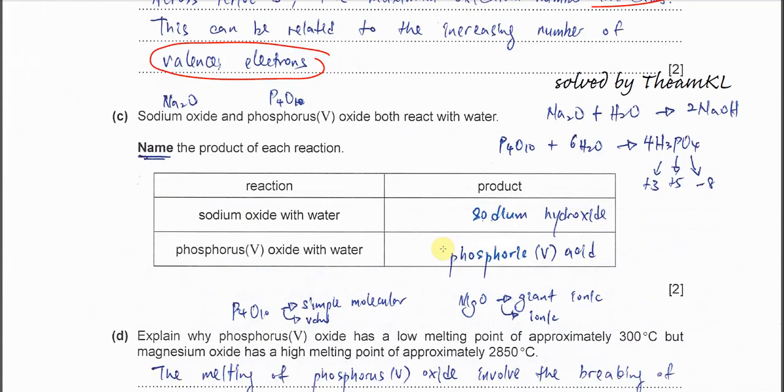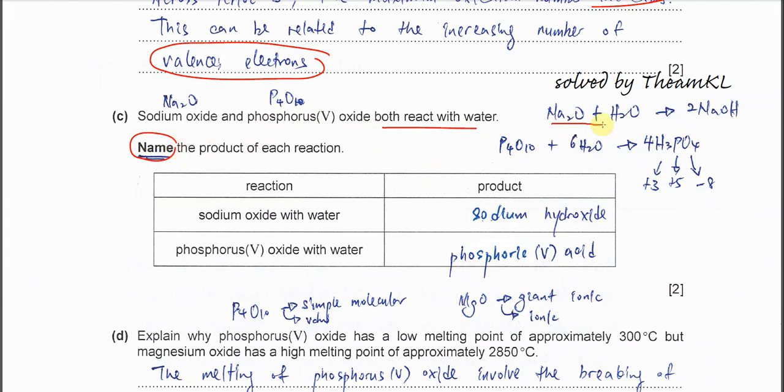Part C. Sodium oxide, Na2O, and phosphorus(V) oxide, which is normally referred to as P4O10. It is better to relate to P4O10. Both oxides react with water. Name the product. Don't give the formula, you must give the name.